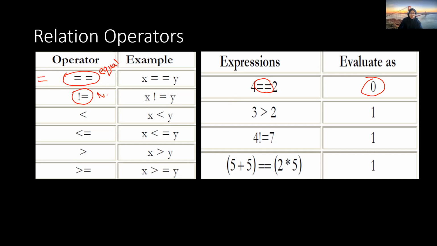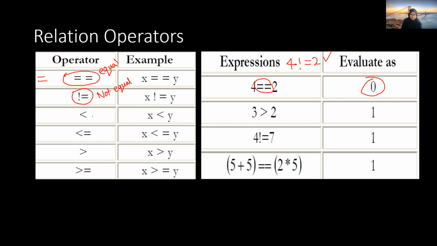And this is not equal. x not equal to y. 4 is not equal to 2. So if I say 4 is not equal to 2, then it is true. The value is going to be 1.